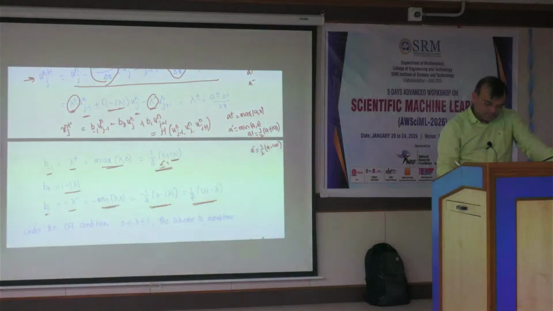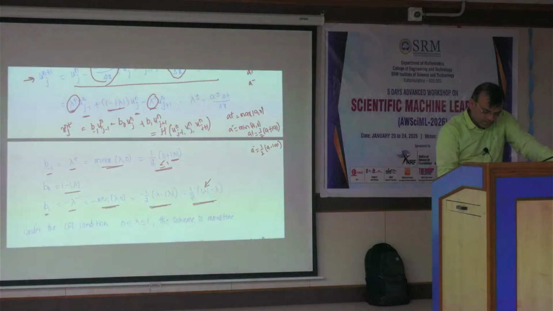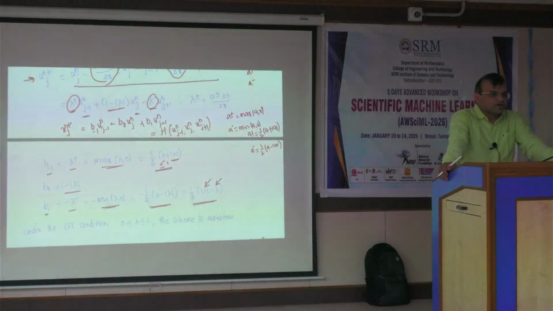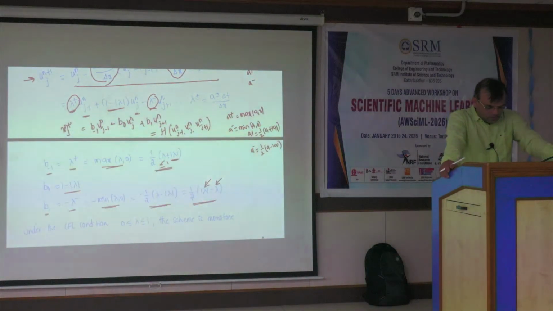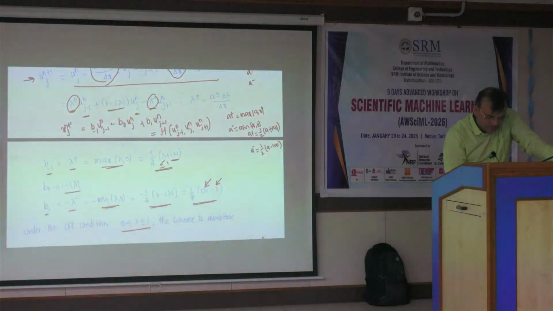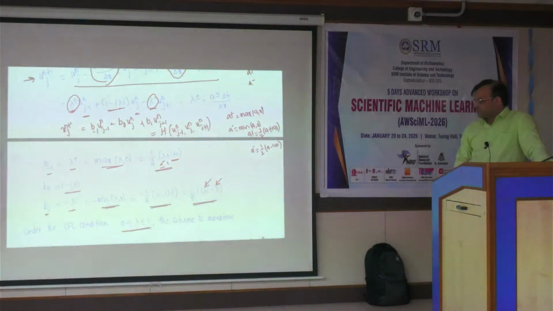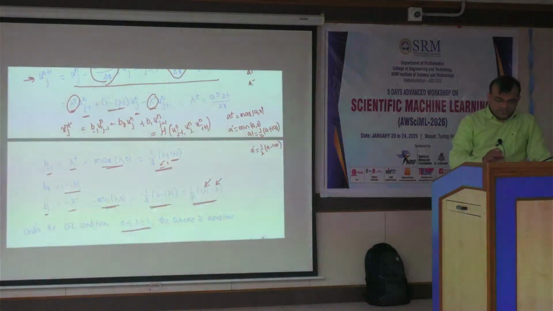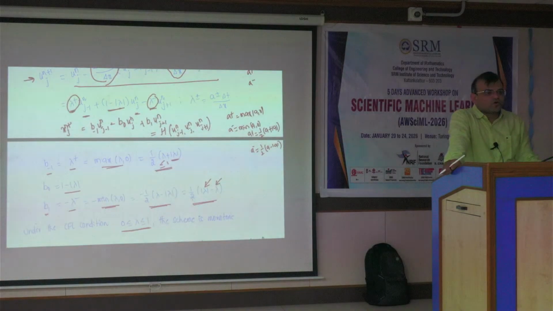Again the first quantity is always positive, and this may be less than or equal to 1, so obviously this is also going to be a positive quantity. So all the coefficients are positive under this condition, the CFL condition, and within this we get a monotone scheme.